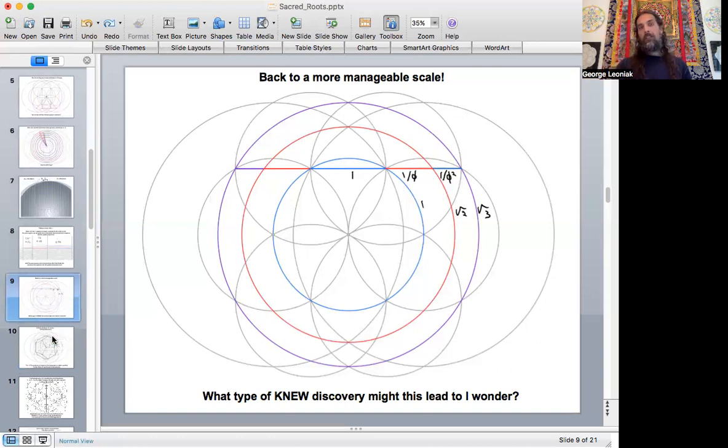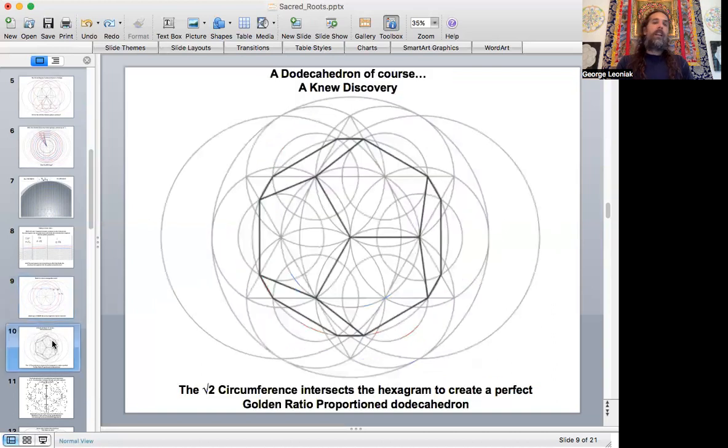But this leads to a cool discovery that was literally discovered within that little half-hour back and forth that Hunter had on that morning. I said to him, hey, what do you think this may lead to? And this is what it leads to, of course, a dodecahedron.